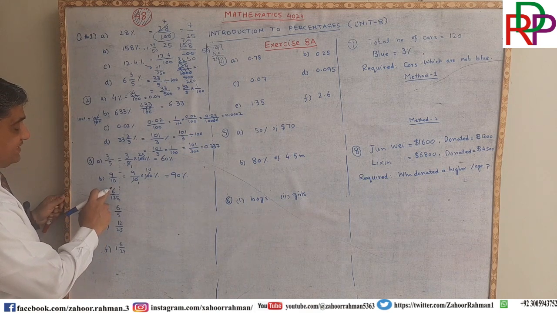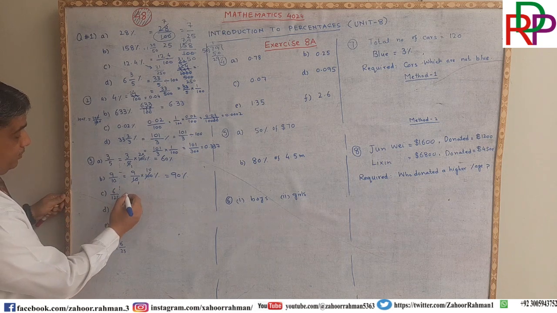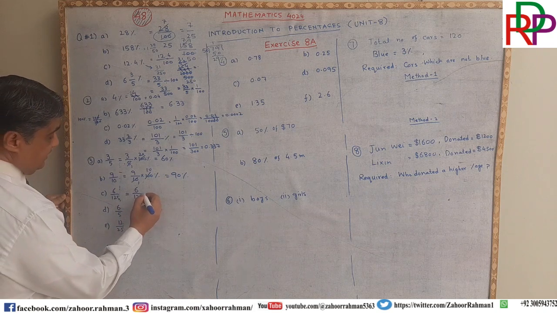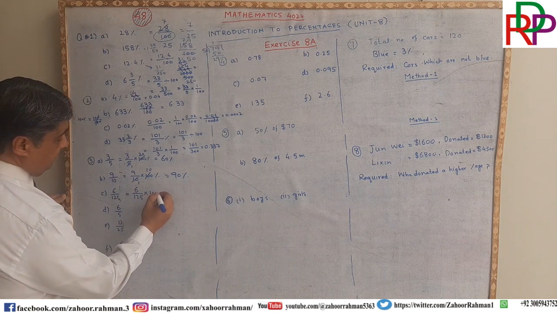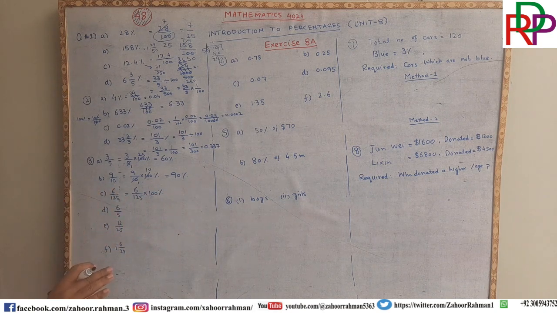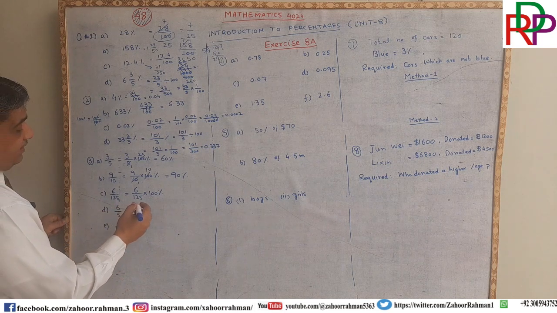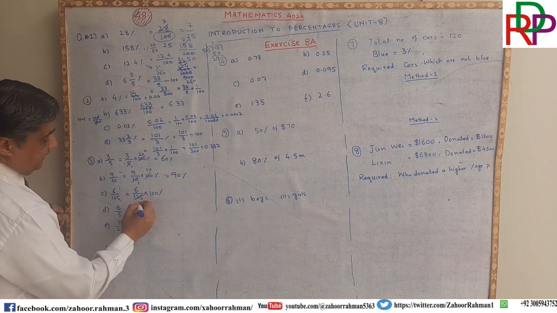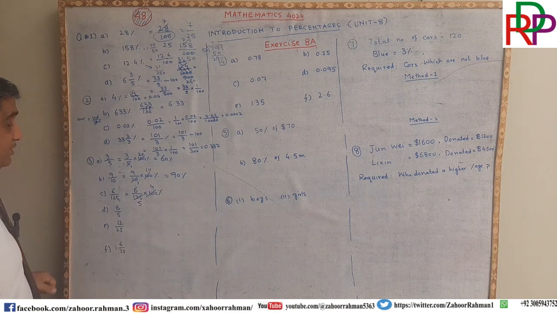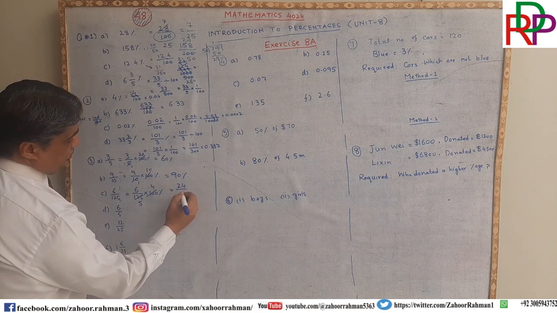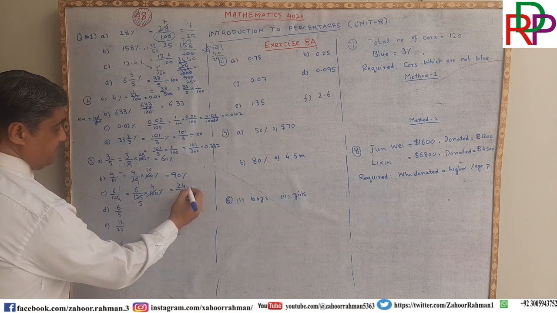If somebody is getting 6 marks out of 125, we have to write this, and then we have to write percentage with the 100, not alone. You cannot write the percentage from this. Now both are divisible by 25. So 25 fives are 125 and 25 fours are 100. So it means that it will be 24 divided by 5 percent.